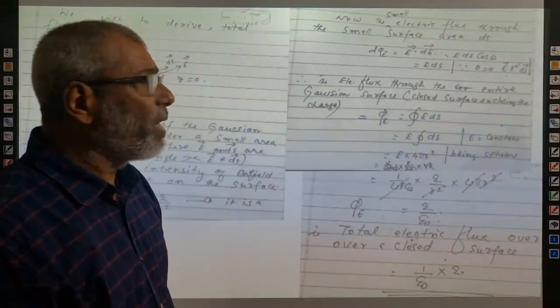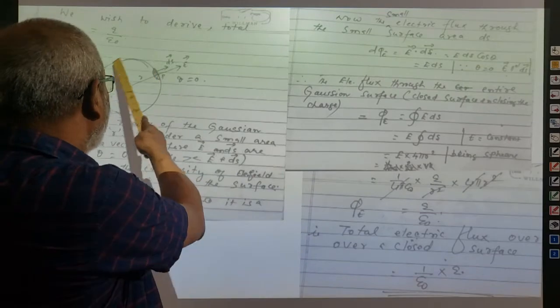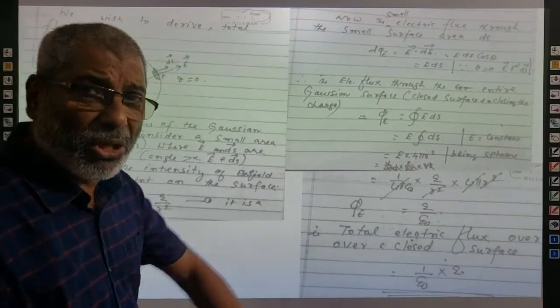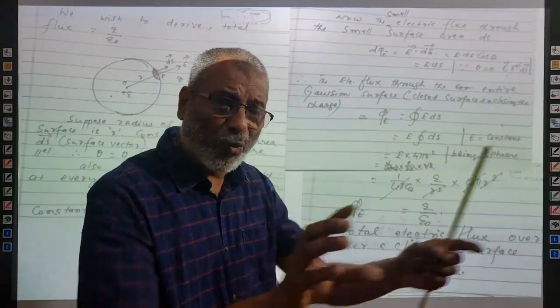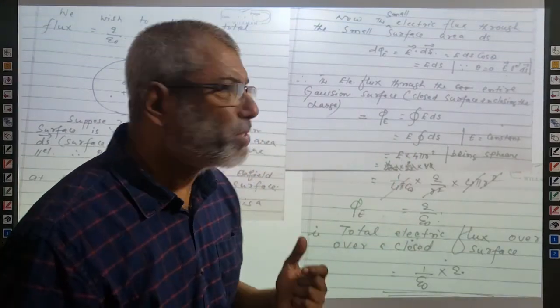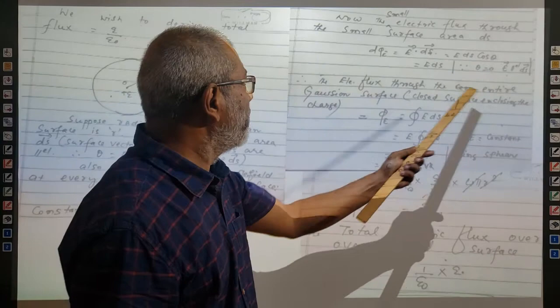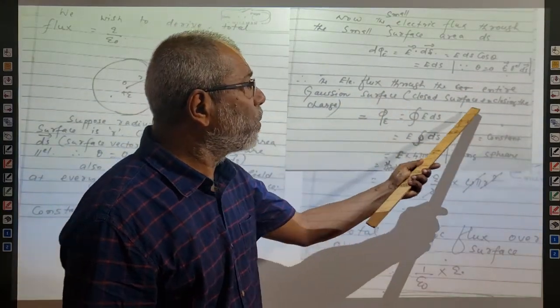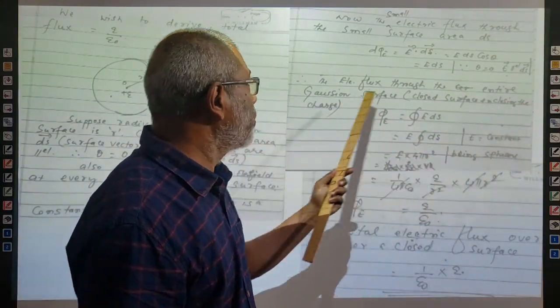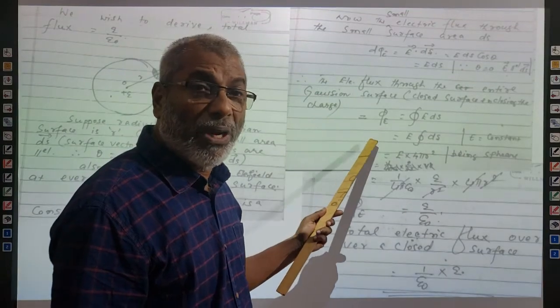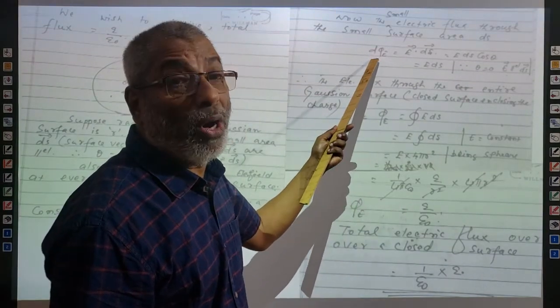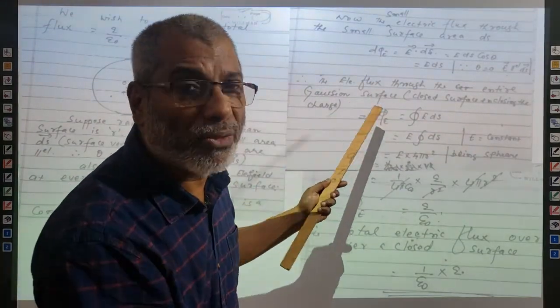Am I correct? Now we have to calculate the flux of the entire Gaussian surface. The total spherical surface through which the total flux lines are passing is to be calculated. The electric flux through the entire Gaussian surface, the closed surface enclosing the charge q, is given by phi. This was for a small area; this is for the entire surface.